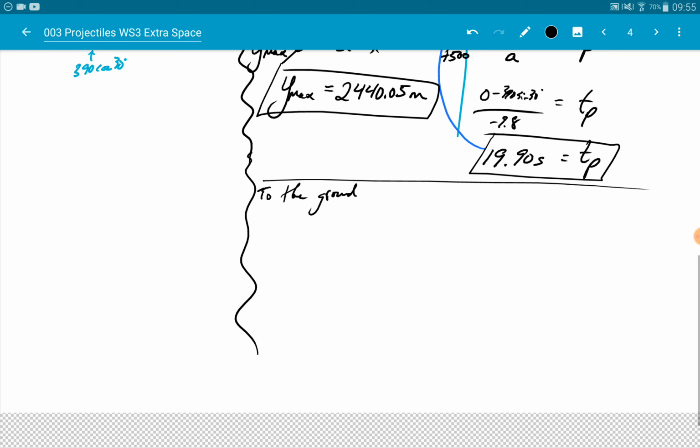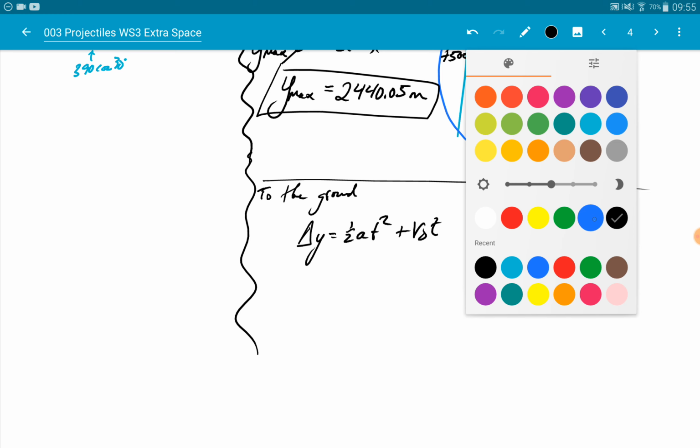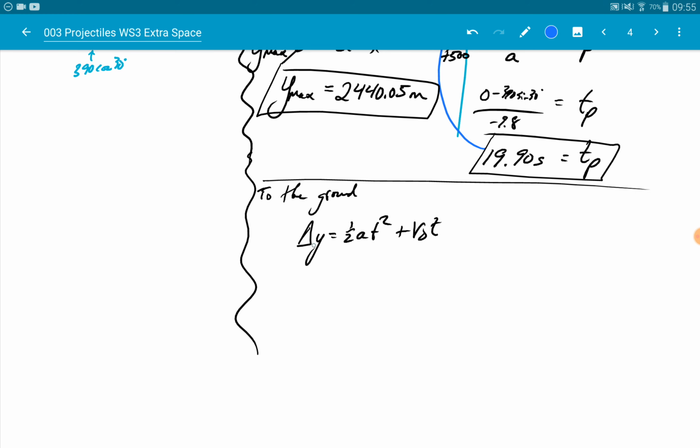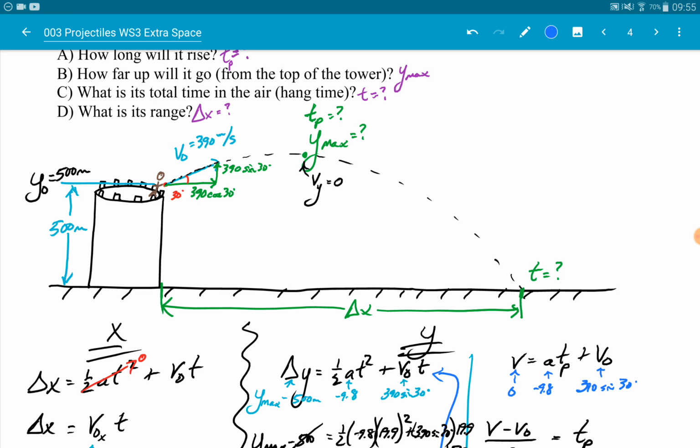Now, when it gets down to the ground, do I know anything about it? Delta y is 1/2 a t squared plus v naught t. Let's go through this one more time. Do I know anything about this? Well, down to the ground, I look back at my picture. Do I know anything about delta y when it gets down to the ground? Well, I know that the beginning position was 500 meters.